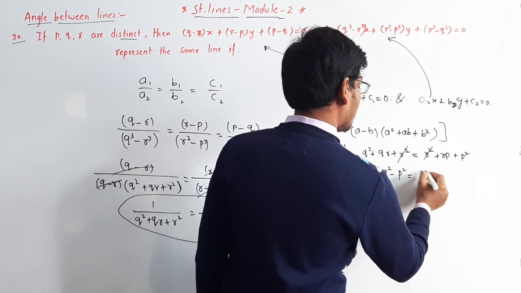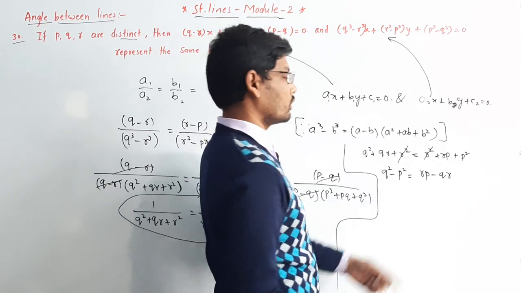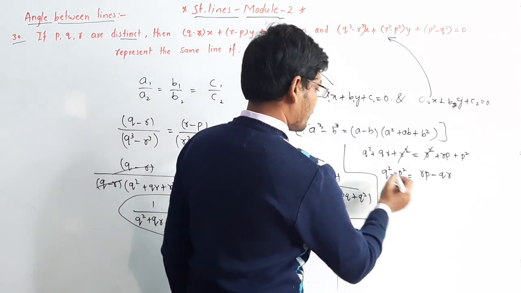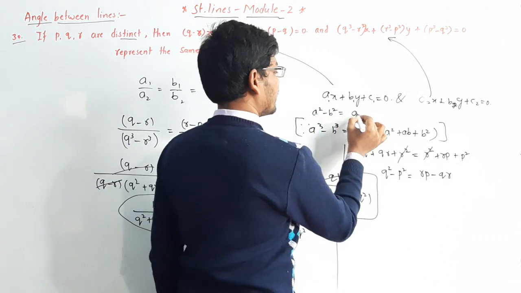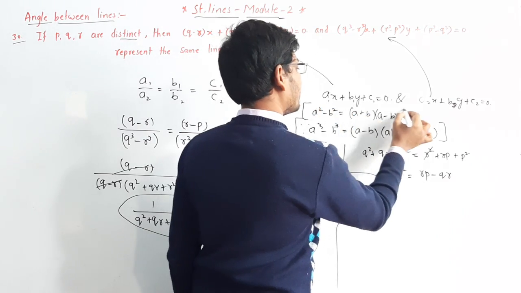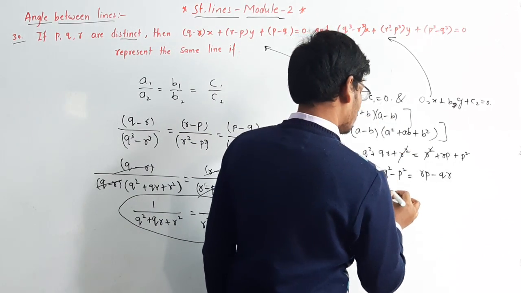Let's send r minus p, q minus r here. It is in the form of a square minus b square, then the formula is a plus b into a minus b. According to that I am expanding this one.